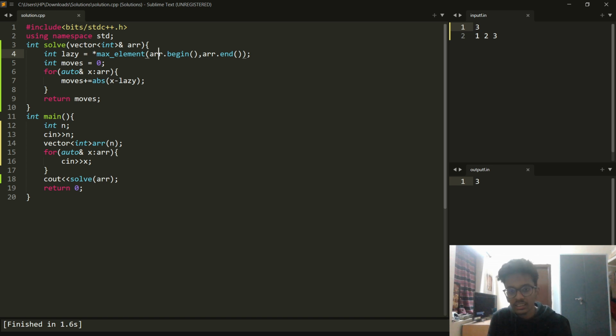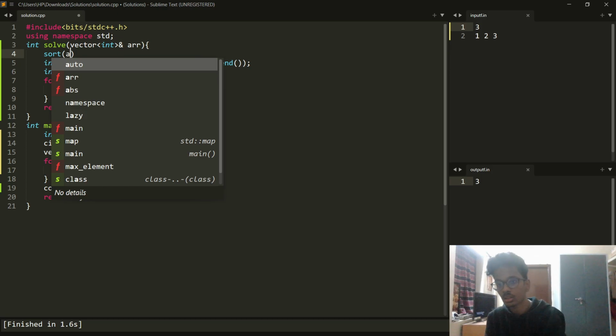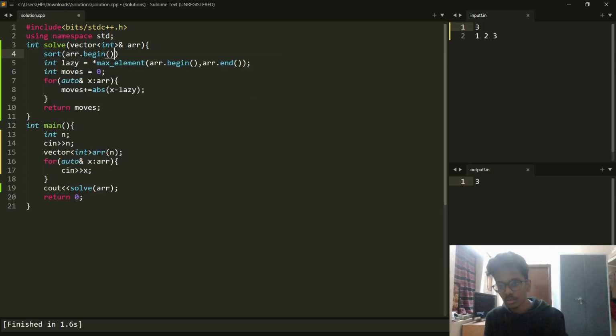And in case of both increment and decrement, it would become how much? This should be the median, right? The median. To find the median, you need to sort. All right. After sorting, you would do median should be arr of n by 2. All right. So in case of both increment and decrement, what's wrong here?